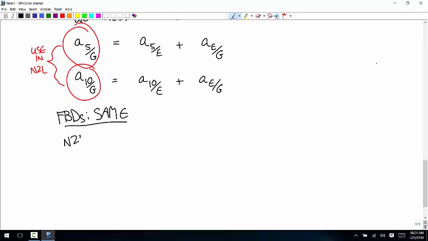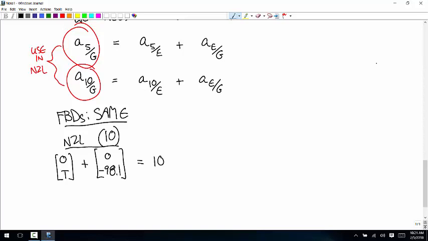Newton's second law for the 10 kilogram says 0t plus 0, negative 98.1 is equal to 10 times no x acceleration.